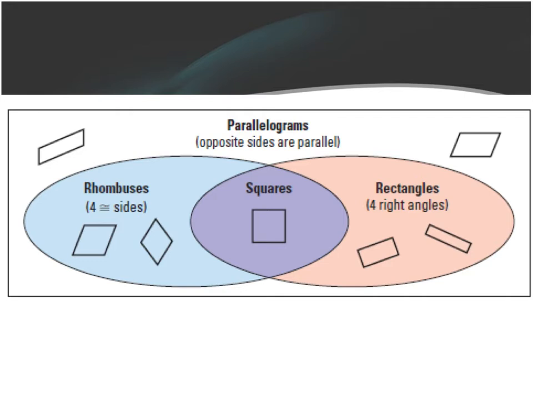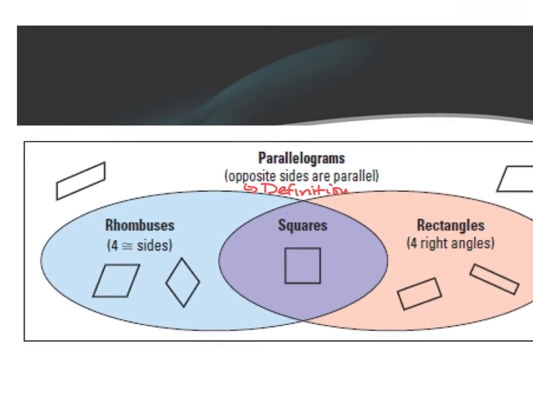Let's first fill in all of the properties of a parallelogram. Right here, opposite sides are parallel. This is the definition of a parallelogram. Then we learn the theorems, which talk about the properties of the parallelogram, so I'm going to go ahead and write them in here.